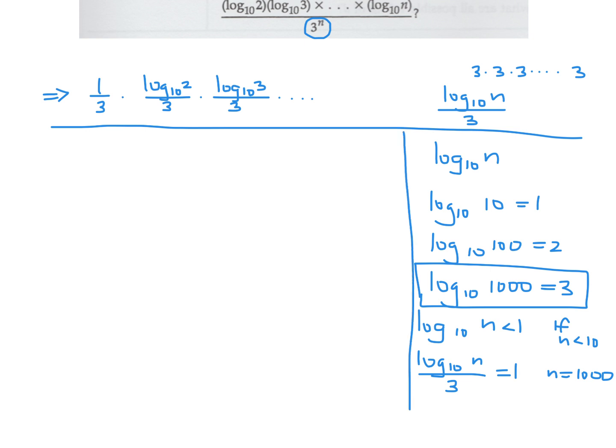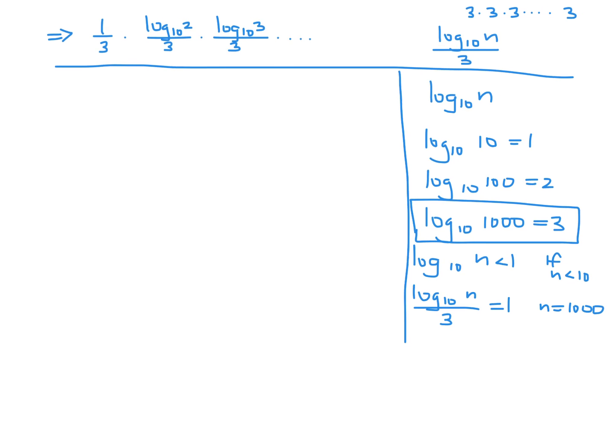Okay. And then I believe it would, therefore, if the log of n to the base 10 over 3 would be less than 1 if n is less than 1,000. And then by the same principle, if n is greater than 1,000, that thing, log of n to the base 10 over 3 would be greater than 1.